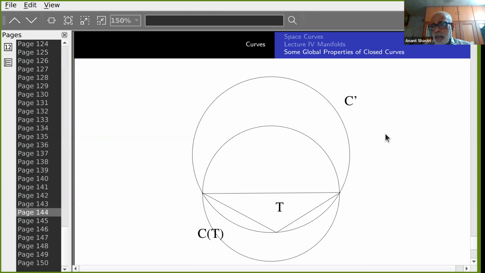In fact, I would like to add this one, namely, this concept is available for any compact subset of R2. Compact means what? Closed and bounded. Take any closed and bounded subset of R2, this is possible.